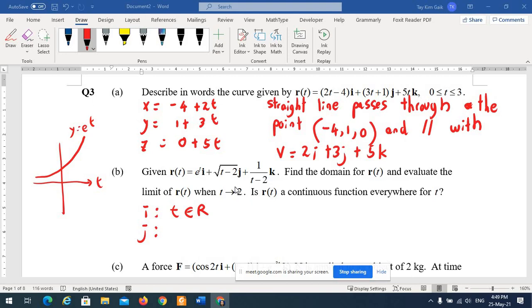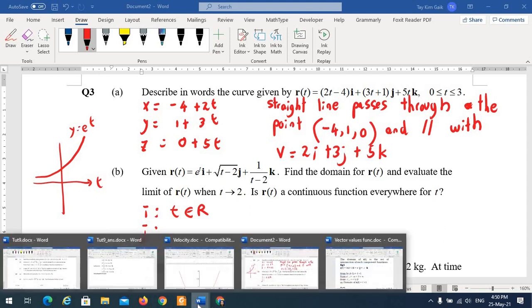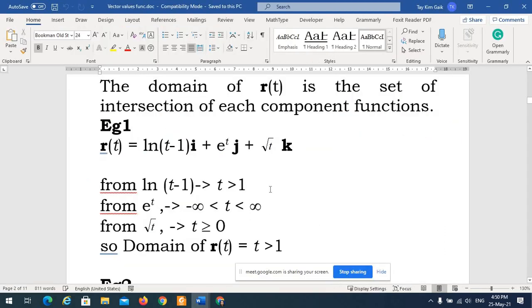From chapter 1, we already mentioned yesterday, also we revised it.